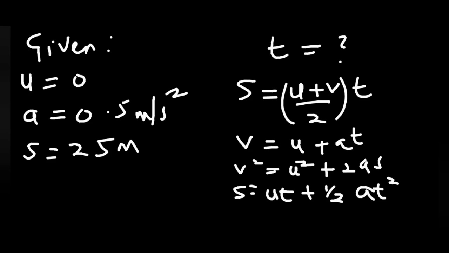Considering the four equations of motion, it is evident that in the first case, S equals (U plus V) divided by 2 multiplied by T does not include A, and as such we can't use the equation.